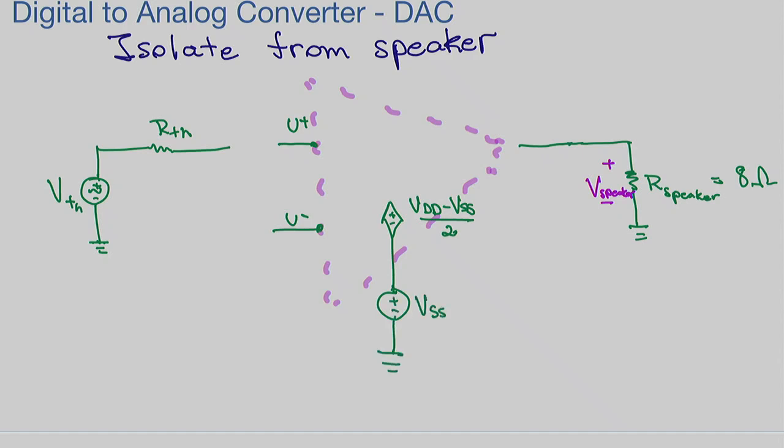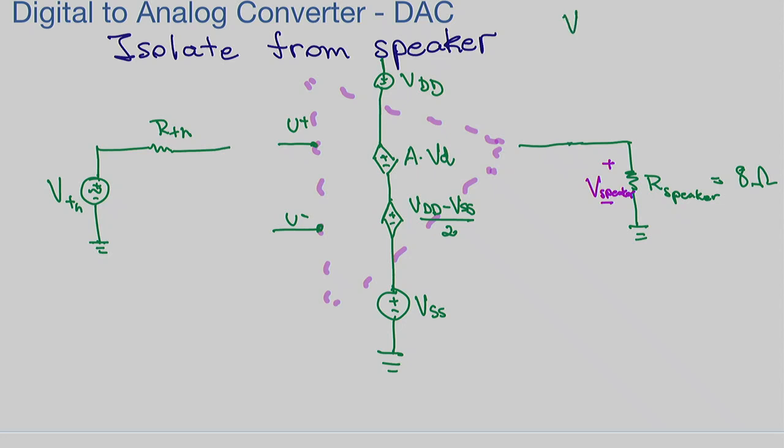VSS, very good. Then we have our second voltage controlled voltage source here that is connected to VDD, and this one is given by A, the op-amp gain, times VD.